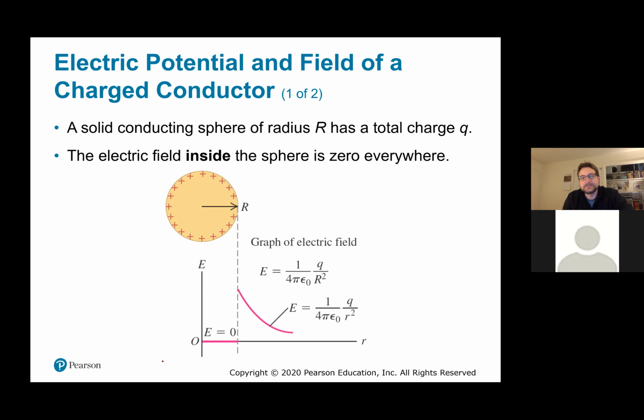We've talked about the fact that the electric field inside a conductor is 0. Okay, so we can graph the electric field of a solid conducting sphere of radius r. The electric field is 0 inside, has some value at the surface.